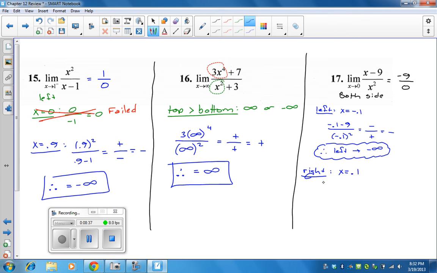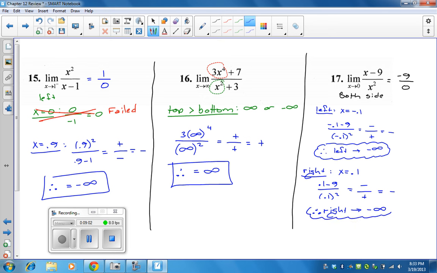And when I plug that in, 0.1 minus 9 over 0.1 squared. 0.1 minus 9 does go into negative numbers. 0.1 squared is positive, and negative divided by positive is negative. Therefore, my right side also is approaching negative infinity.